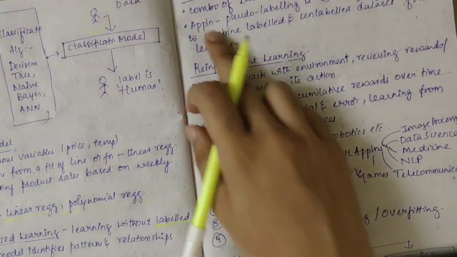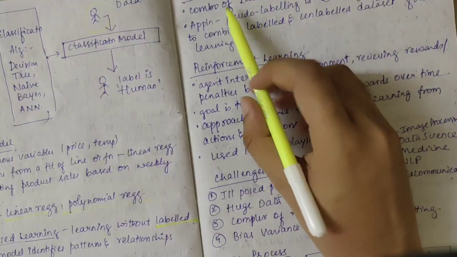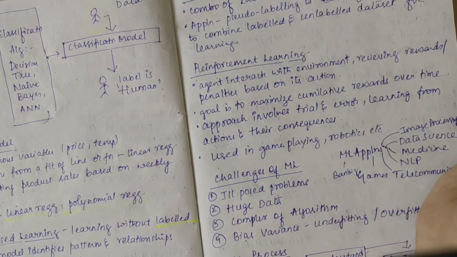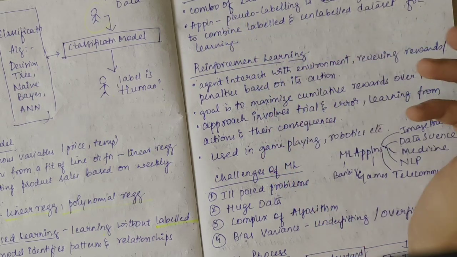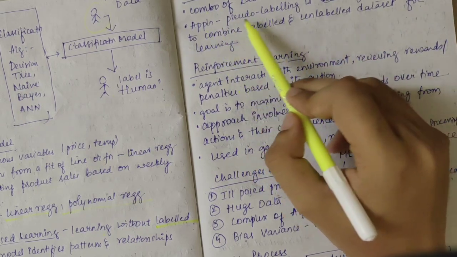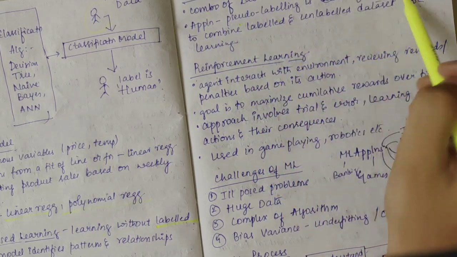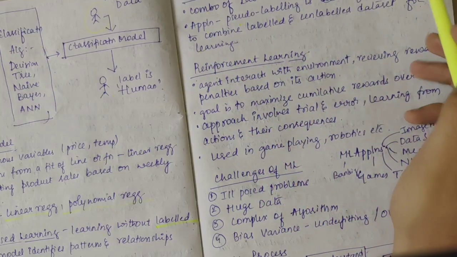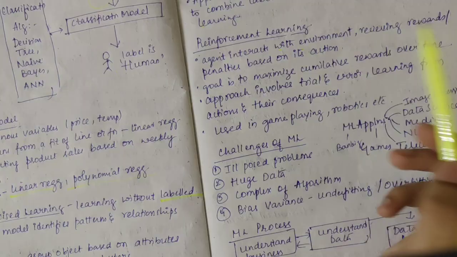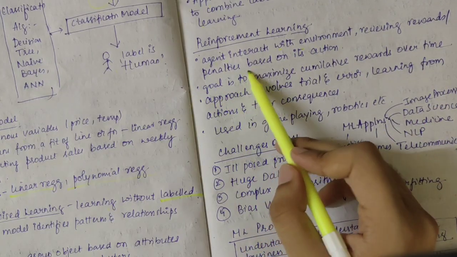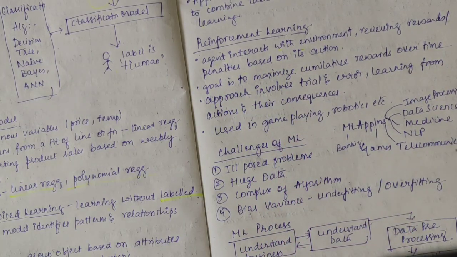Then we have semi-supervised learning, which is a combination of labeled and unlabeled data. Here both unlabeled and labeled data are taken. The application is pseudo labeling, often used to combine labeled and unlabeled datasets for learning. Then we have reinforcement learning, where an agent interacts with the environment, receiving rewards and penalties based on its actions. Each time the agent generates an action, a reward is given to it.